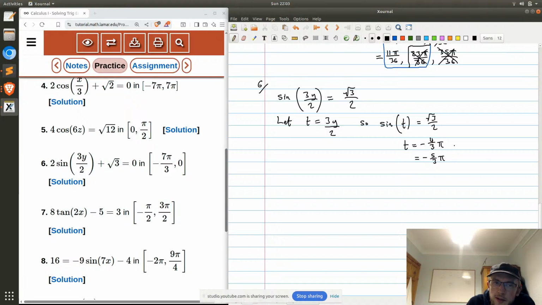And then repeatedly subtract 2 pi, which amounts to subtracting 6 on the numerator. Likewise here.